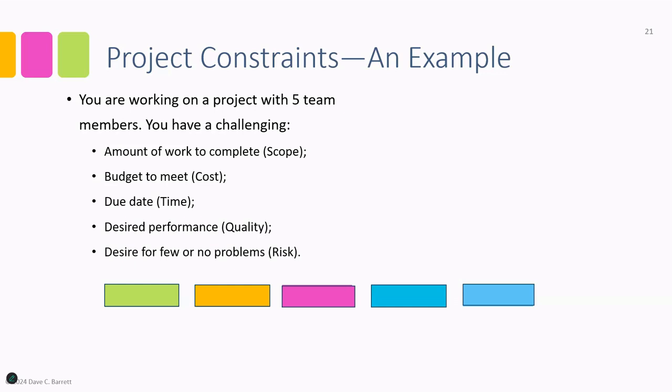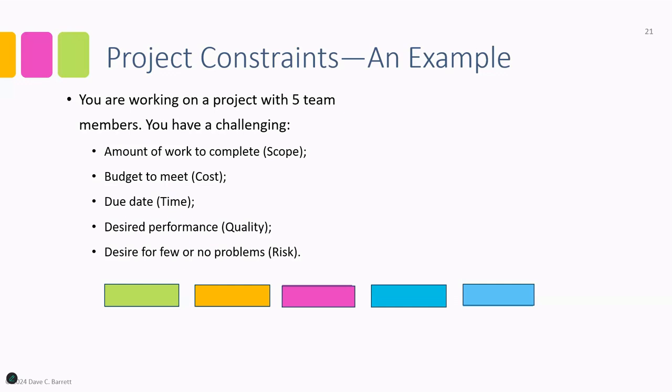So at this point, we are somewhat in equilibrium. On this imaginary project, you're looking at the project and saying, okay, with those 5 team members, those requirements, those constraints are doable but challenging. Now, let's see what happens if one of them change. And this is any of them in real life, any of them or all of them could change at once.